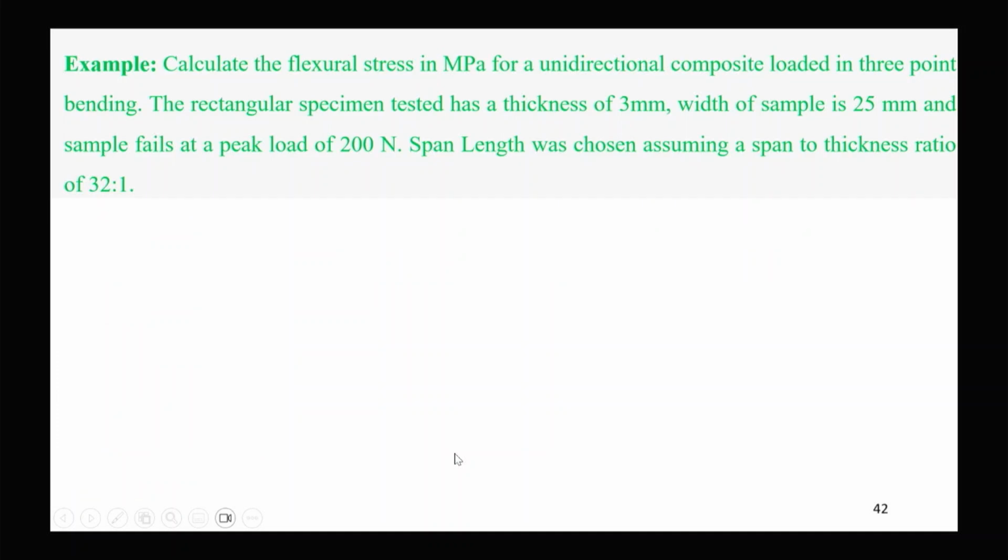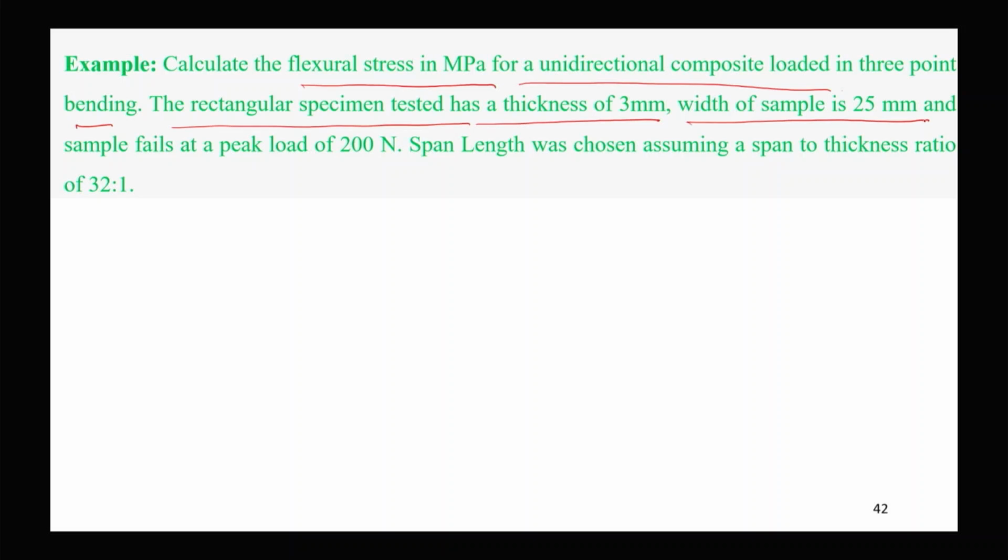Next, calculate the flexural stress in megapascal of a unidirectional composite loaded in 3-point bending. The rectangular specimen tested has a thickness of 3 millimeter.